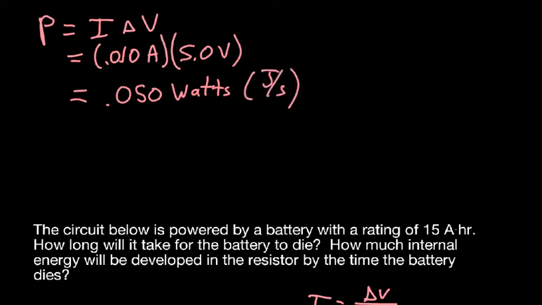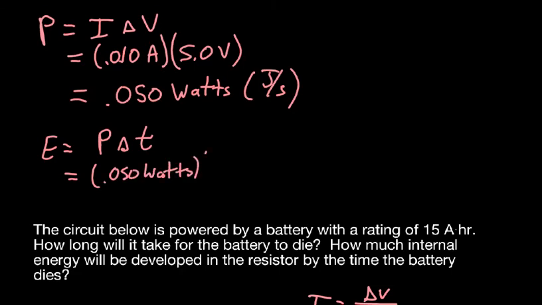And I think the units joules per second are good ones to use here, because it reminds us the relationship between energy and power. If I want energy, that's going to be the power, the rate at which we're generating energy, or changing energy rather, times the amount of time.